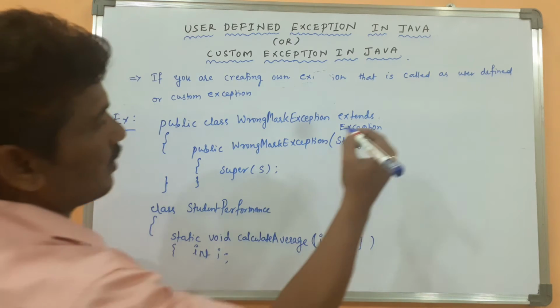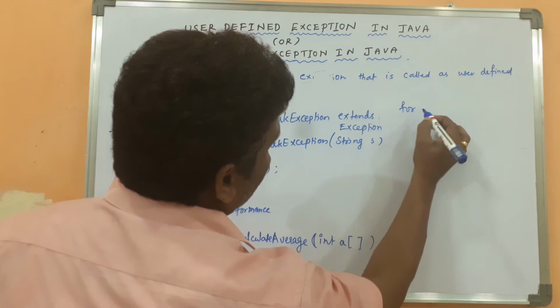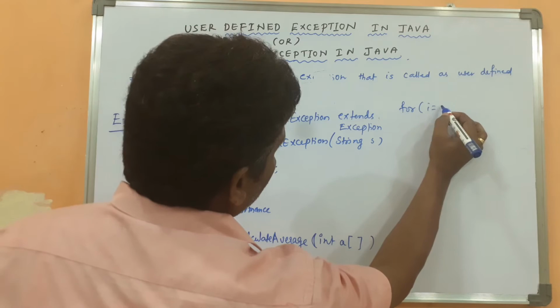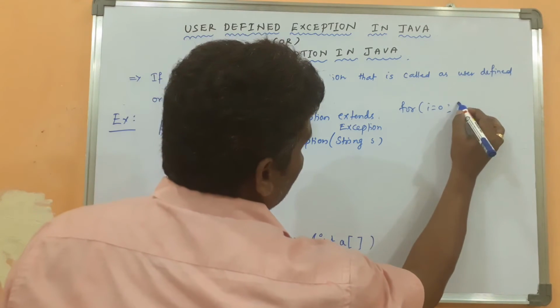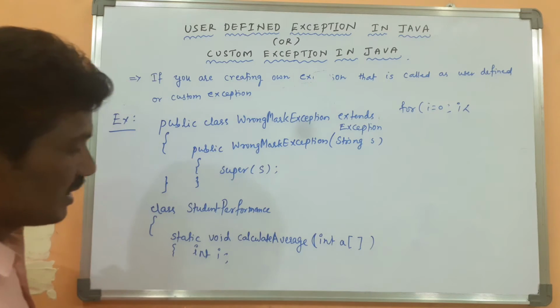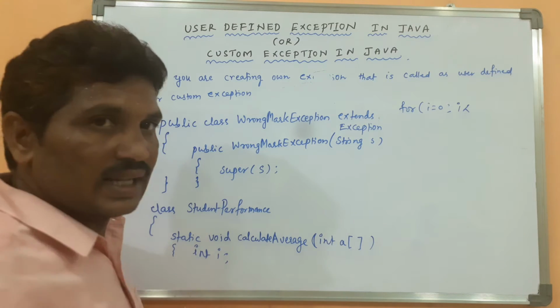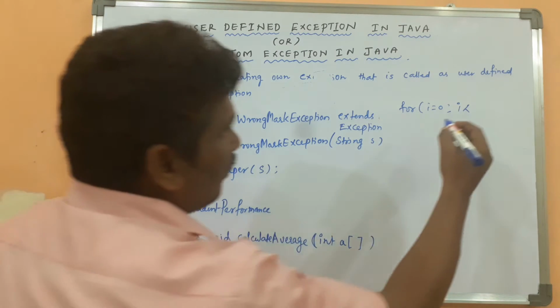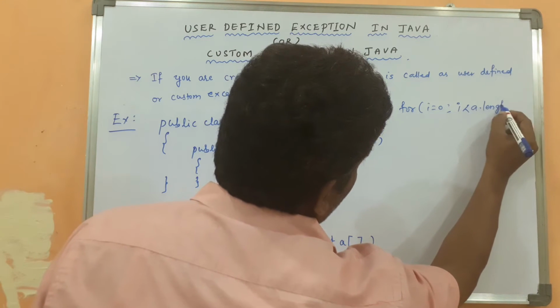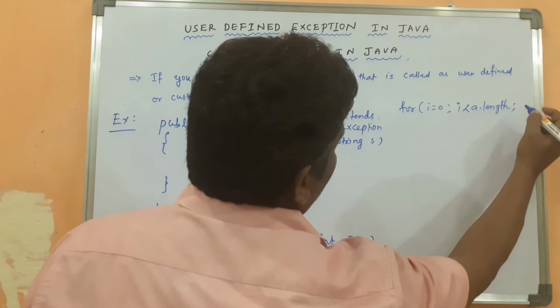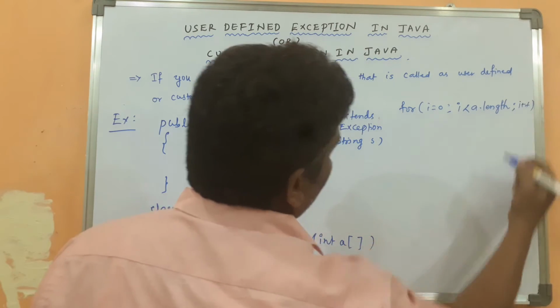Here int i, then I will use the for loop, for i equal to 0, because the array index will start from 0, then i less than a.length, i plus plus.